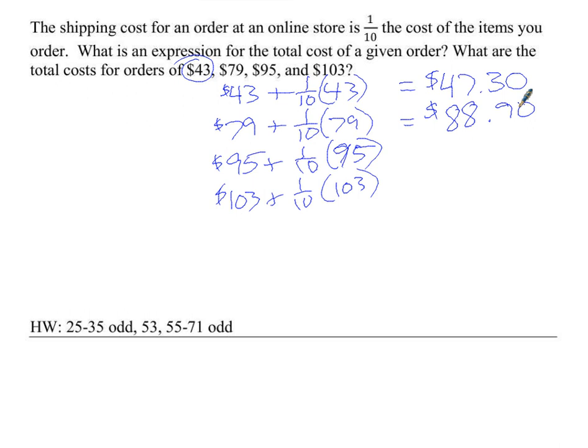Now 1/10 of $95, $9.50, and I'm going to add that to $95, and I get $104.50. Okay? And one more. 1/10 of $103. Good. $10.30. And I'm going to add that to $103, and I get what? $113.30. Okay? Do you see how to do that without a calculator?